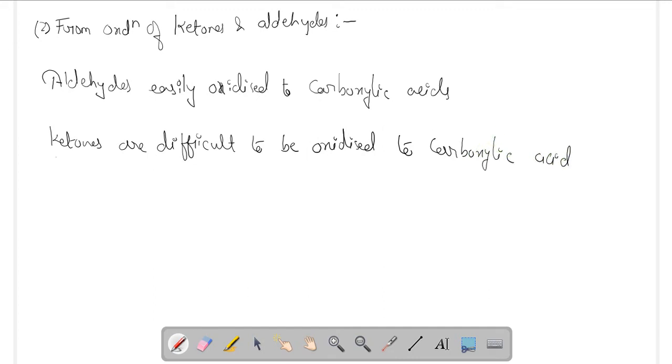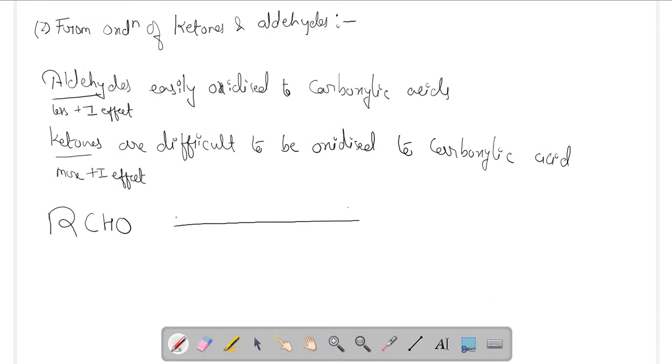In the ketones more plus I effect is there, and due to this reason it is very difficult to oxidize them, while in the case of aldehydes there is less plus I effect, so it can be easily oxidized. Okay, so here let's see the general reaction, that is RCHO on oxidation will produce RCOOH.